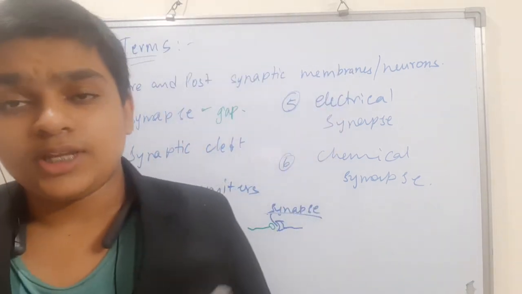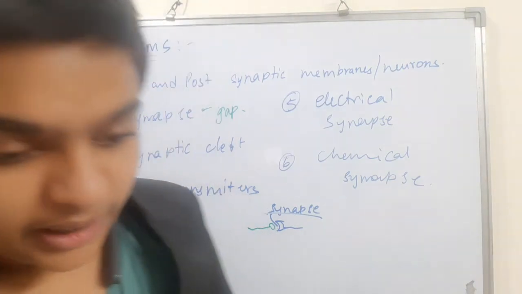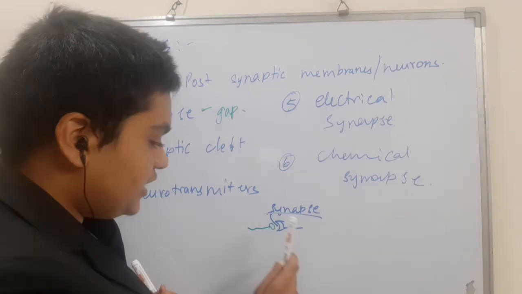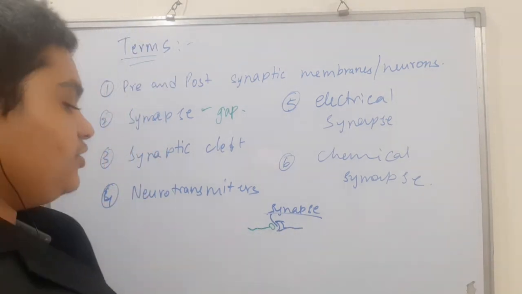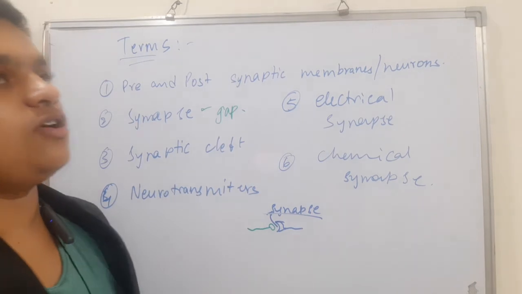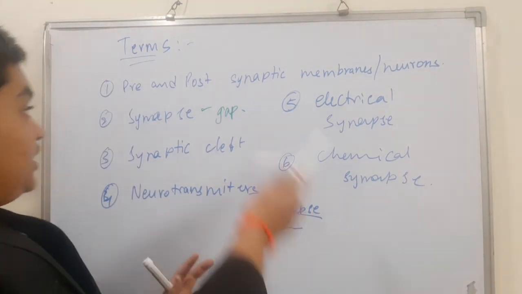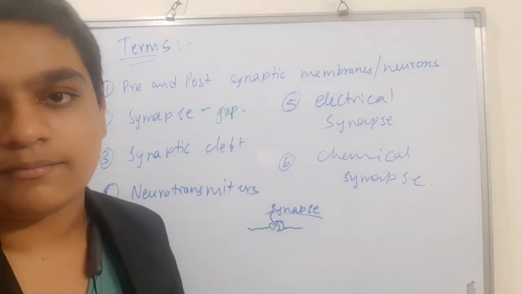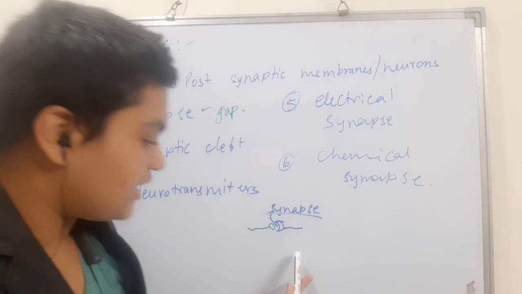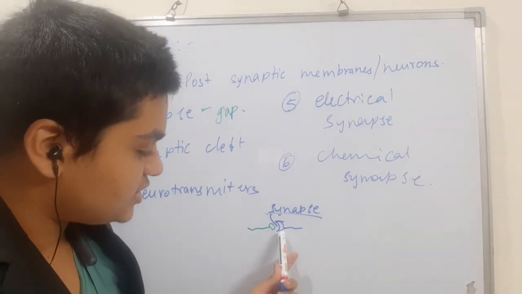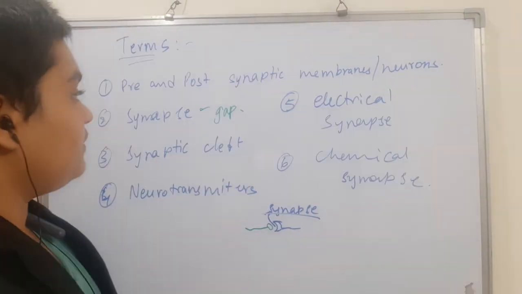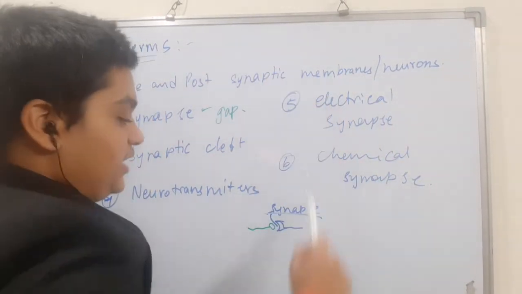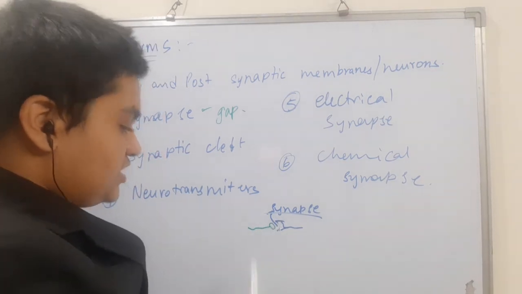Now what is meant by pre and post? Pre means the previous one. If there is one dendrite and one axon, the neuron consisting of the dendrite is termed the presynaptic neuron, and its membrane is called the presynaptic membrane. The second neuron, which consists of the axon, is termed the postsynaptic neuron, and its membrane is called the postsynaptic membrane.